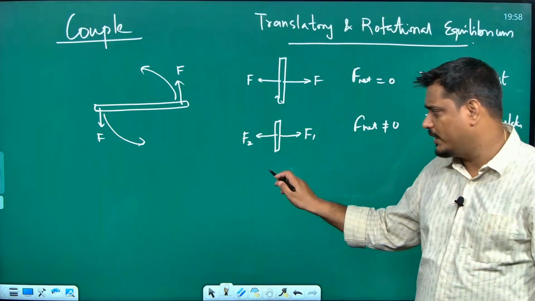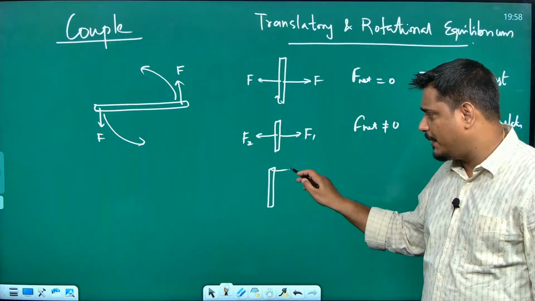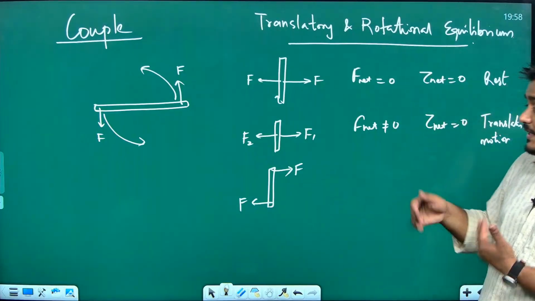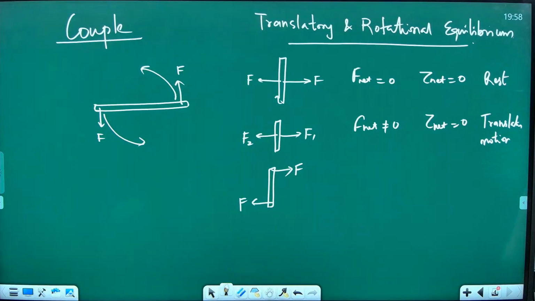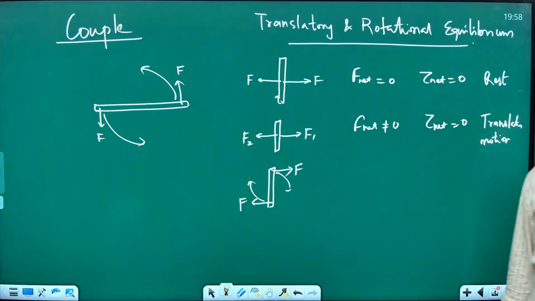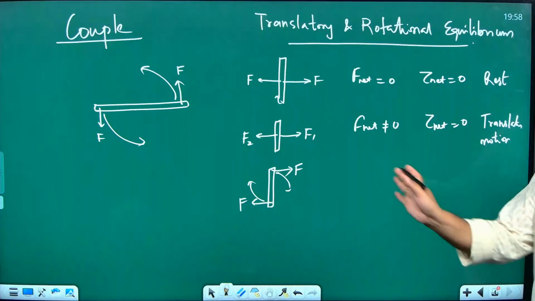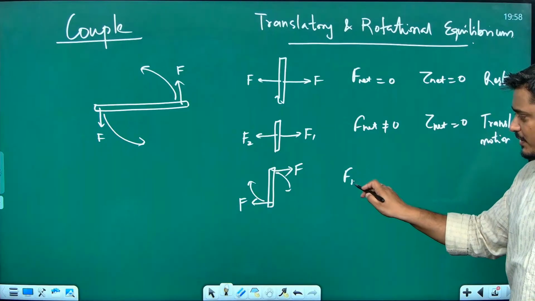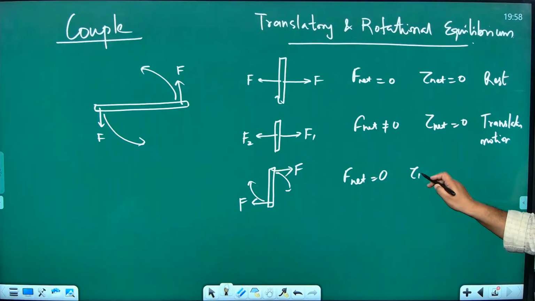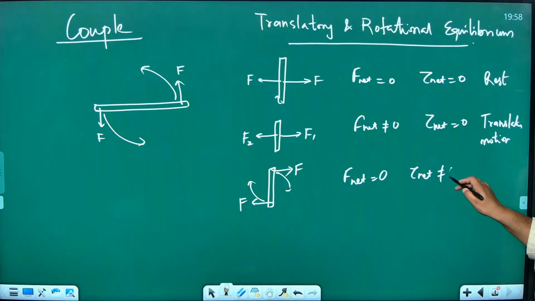Okay. Now the same object, I apply forces that are equal, but acting in opposite lines of action. Body will start to rotate like this, isn't it? But what is the net force? That will remain 0 only, because F minus F will become 0. Yes, body will be in translatory equilibrium, but the body will not be in rotational equilibrium.